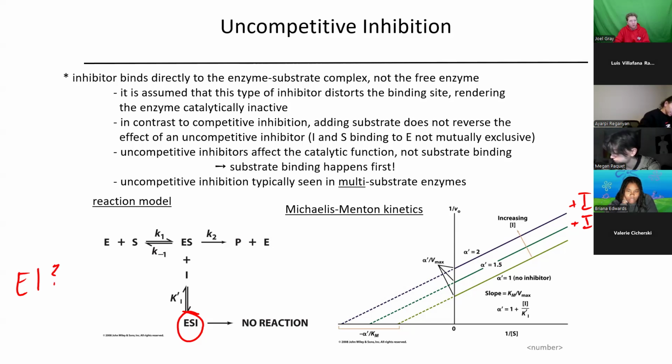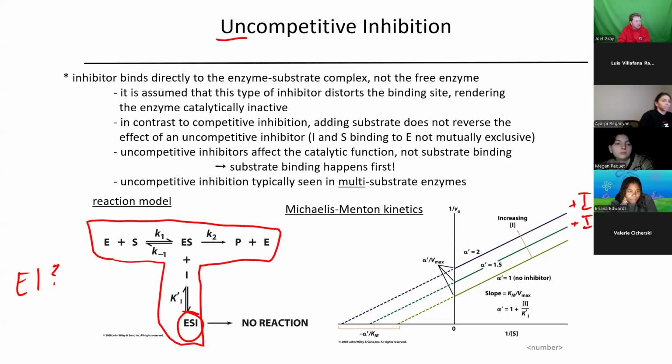EI is not going to form in the presence of an uncompetitive inhibitor. This little schematic shows us that. Instead, the enzyme and the substrate have no problem interacting with one another.